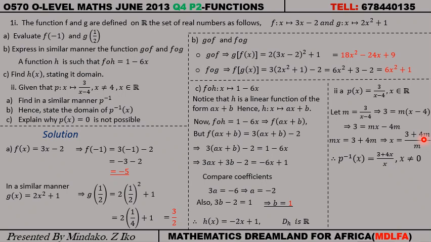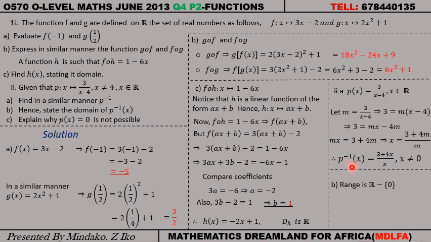The b part says, state the domain of p inverse of x. Actually, here was supposed to be the range, not domain. State the range of p inverse of x.